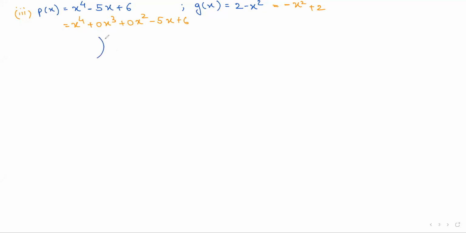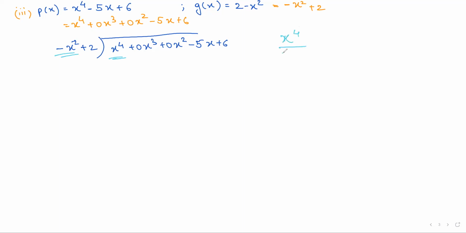Let's try and divide this. So x to the power 4 plus 0x cube plus 0x square minus 5x plus 6, divided by minus x square plus 2. First step is dividing the first term with the first term.